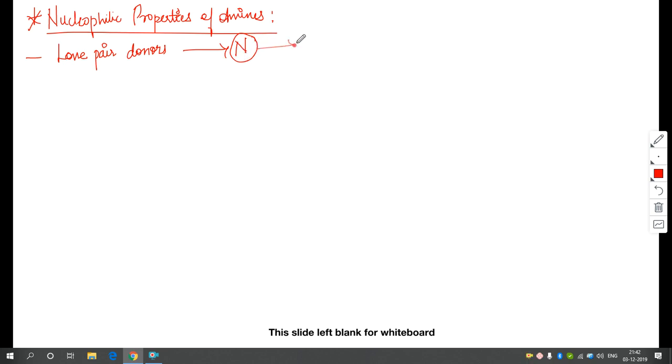Now we'll start with various reactions. The first reaction we are going to see is the nucleophilic substitution reaction with halogenoalkanes.